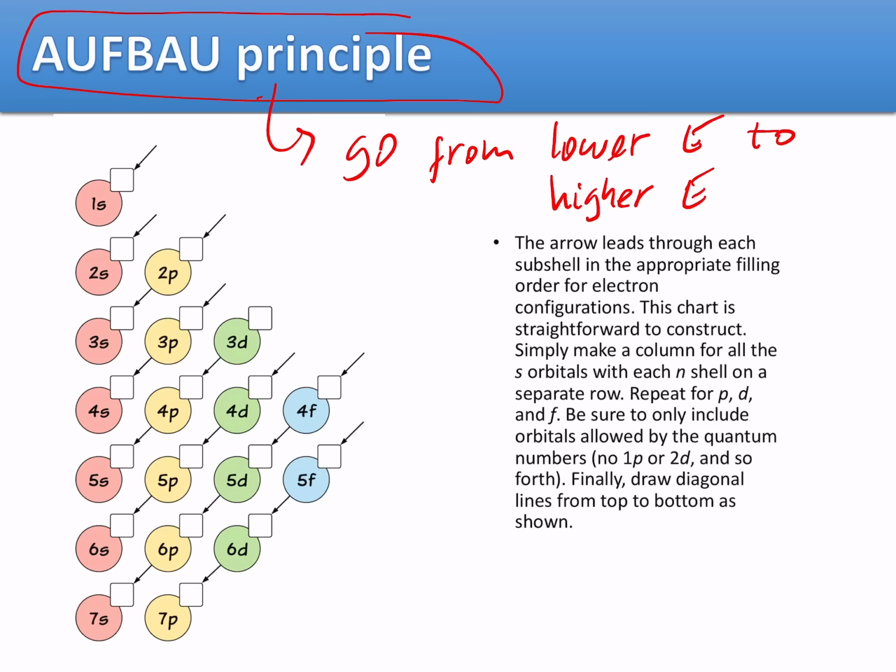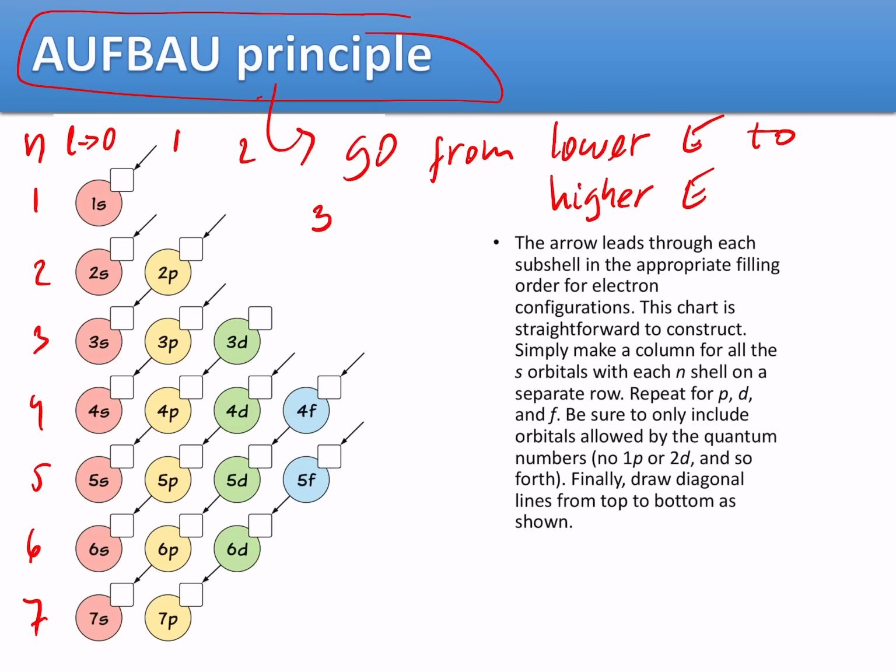Okay, so this is N, and here we have 1, 2, 3, 4, 5, 6, and 7. Then L goes in this direction. This is 0, 1, 2, and 3.